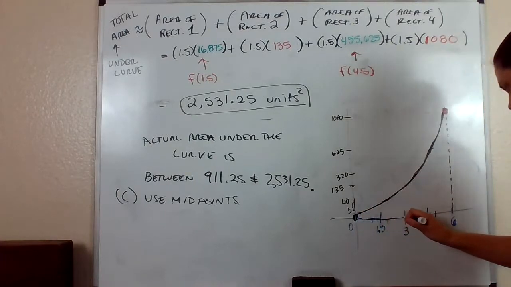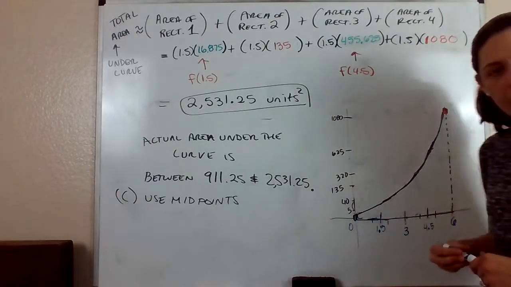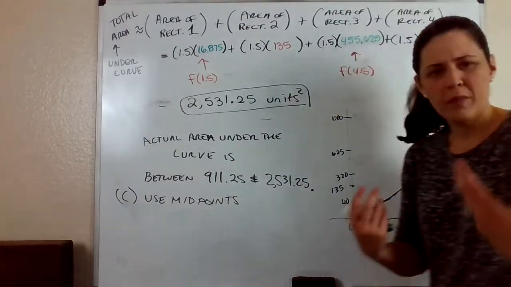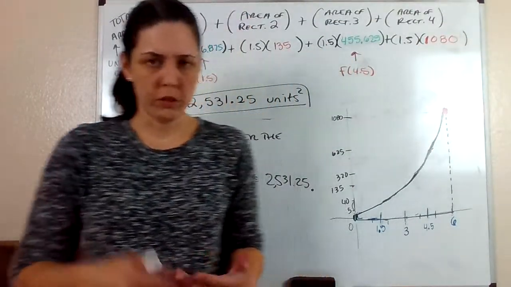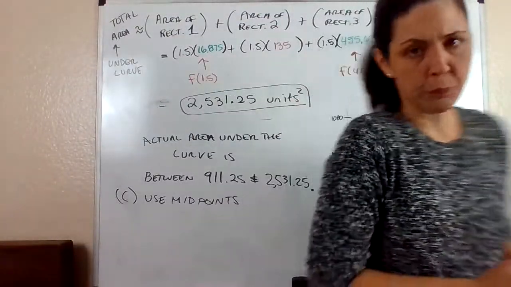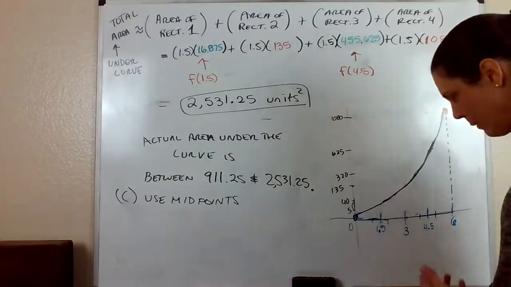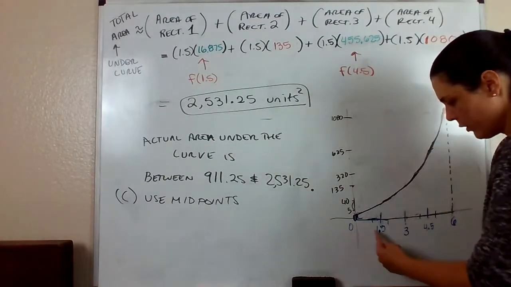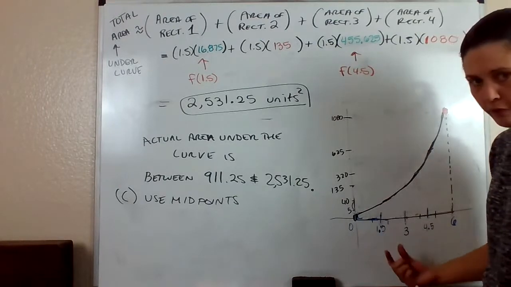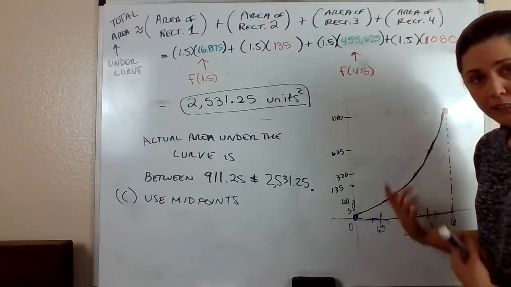So the midpoints, this one's going to require just a little bit of algebra side work. Think of midpoint like an average. So it's like halfway in the middle, or it's the average of the two ends. And so let's start with the first one. This one you can probably do in your head maybe. What's halfway between 0 and 1.5? Because the width of this rectangle is 1.5. So halfway between that is the midpoint.